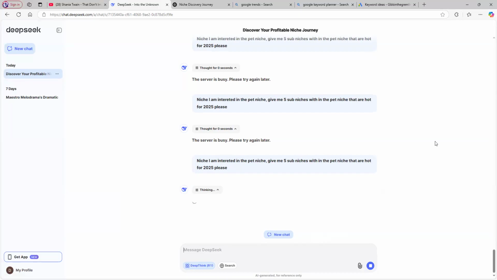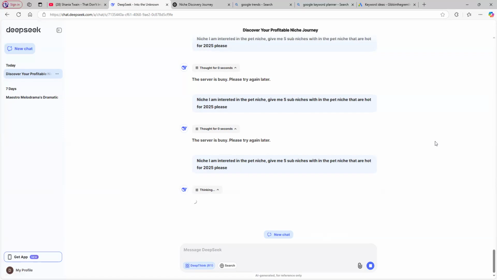Use ChatGPT, use DeepSeek, use Gemini, use Google Trends, as well as Google Keyword Planner. All of these are free. Why pay? I don't see the point in spending a huge amount of money on research when you can do all of this. The only thing that you're giving up is your time. And with AI, as you can see, it makes it a lot easier, a lot simpler.